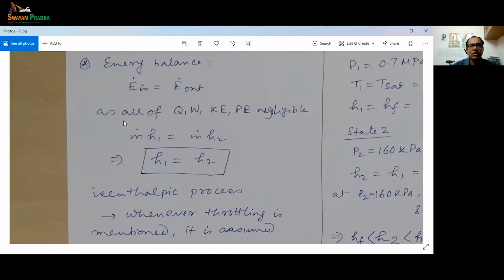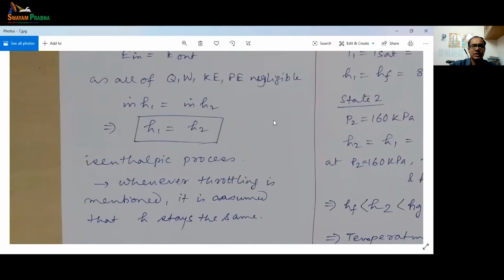As Q, W, kinetic energy and potential energy are negligible, as we discussed earlier, what we are left with is just the enthalpy. So m dot H1 will be equal to m dot H2. And mass is also the same, no extra flow is coming from anywhere. So what we see is that throttling means the enthalpy stays constant, H1 equal to H2.